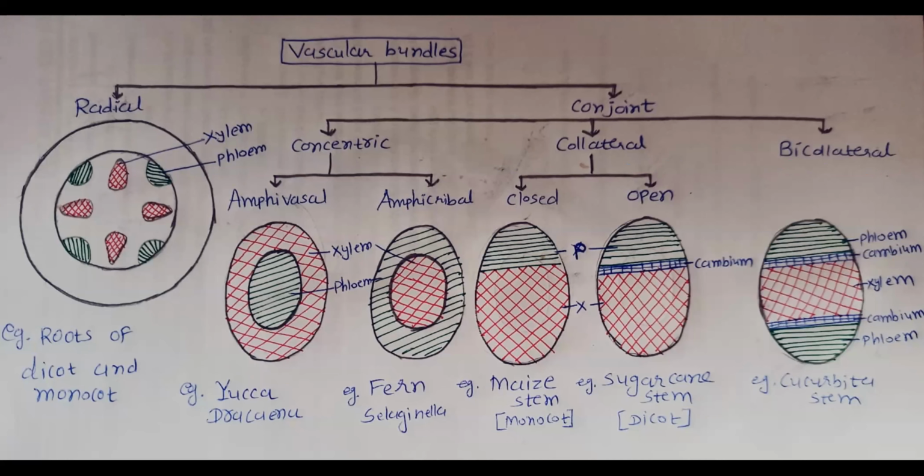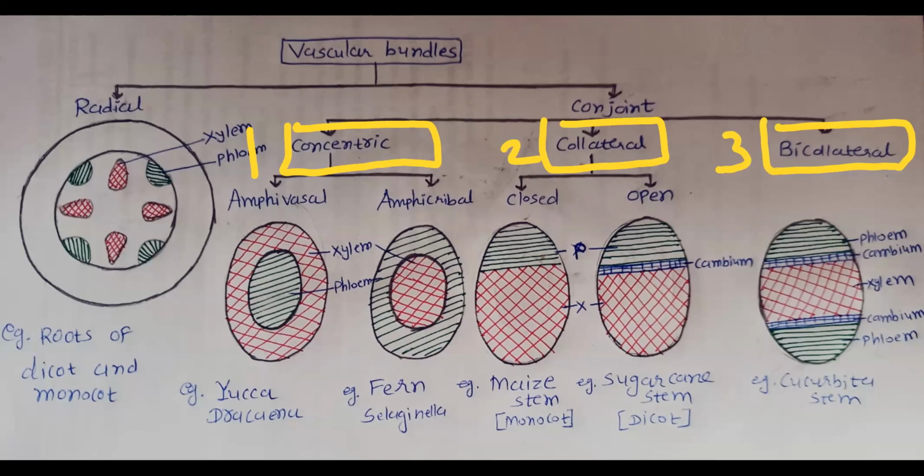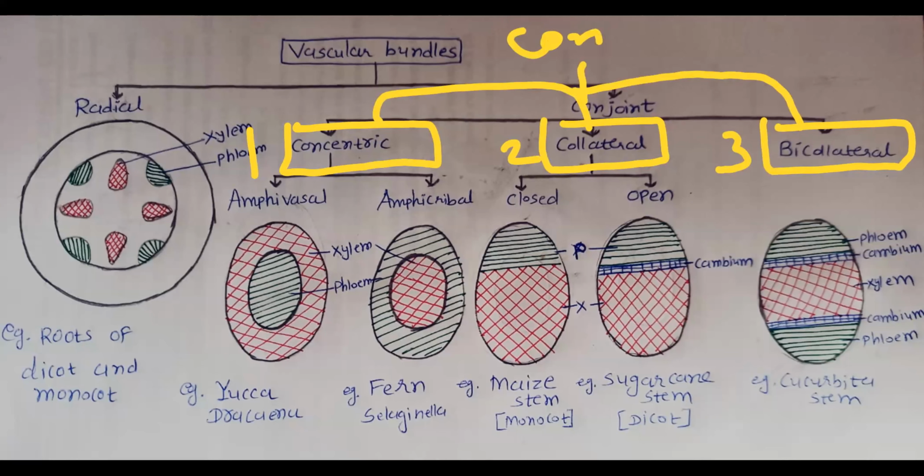Acha, in that, one possibility is that it can be concentric, it can be collateral, it can be bicollateral. All this under conjoint. So all of them shall have phloem and xylem together in a same bundle.